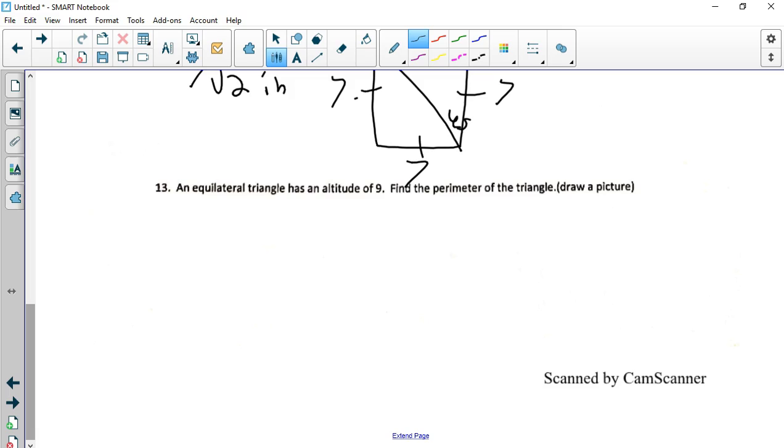Now an equilateral triangle, do my best to draw an equilateral triangle all the way around, has an altitude of 9. That means it's forming a 90-degree angle. Well, if every angle in an equilateral is 60, the altitude cuts this into 30, giving me a 60 here. So the altitude is 9. This is my short side.